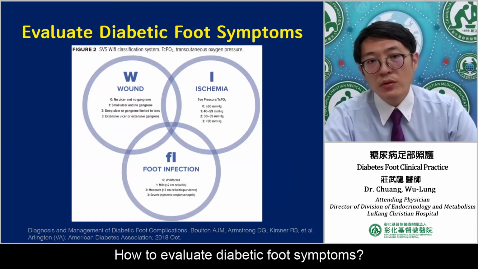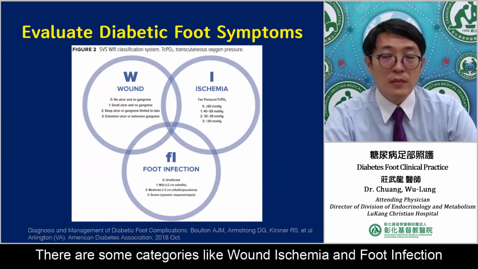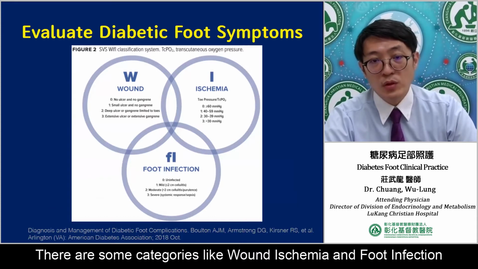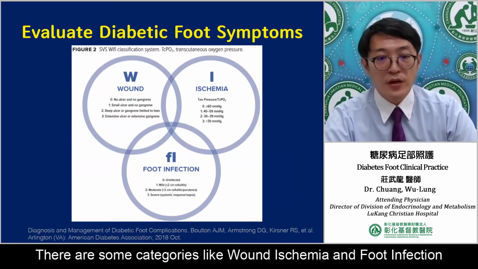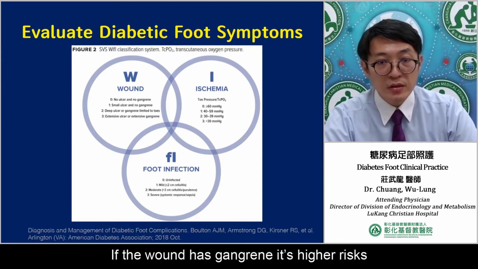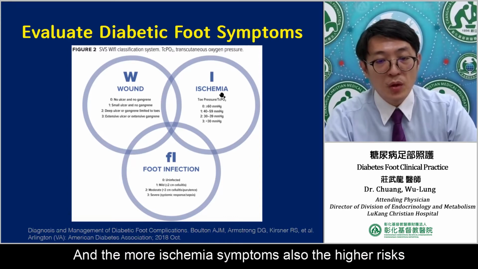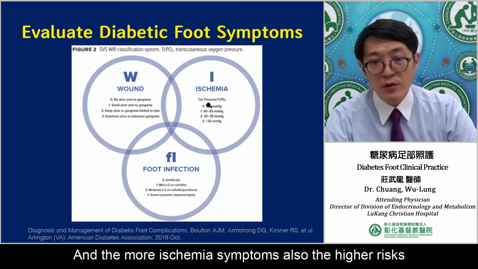And how do we evaluate diabetic foot symptoms? There are some categories: wound, ischemia, and infection. If the wound has gangrene, it's higher risk. If there are more ischemia symptoms, higher risk.